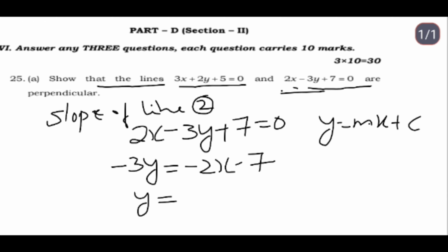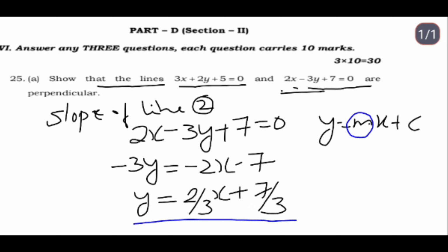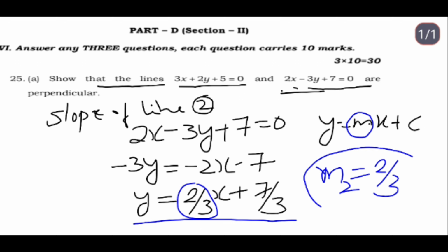So y = 2/3 x + 7/3, the minus cancels. So the equation is in the form y = mx + c, so m2 is 2/3. Already m1 we have calculated.